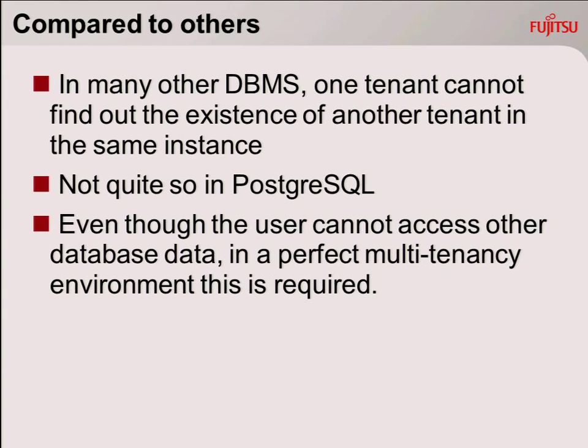So when we compare that multi-tenant use case to other databases, I think we looked at this. One tenant cannot find out the other. Not quite in PostgreSQL. A user can access the database data, but in multi-tenancy, we want to keep them completely separate.